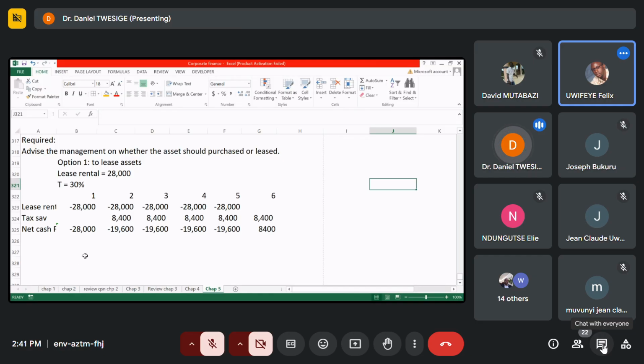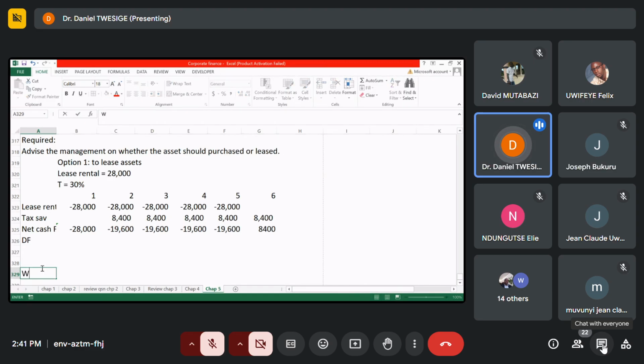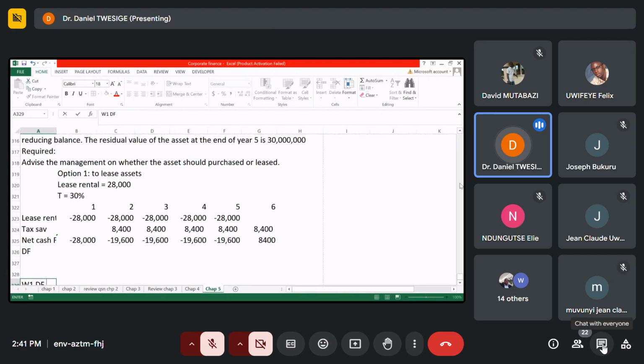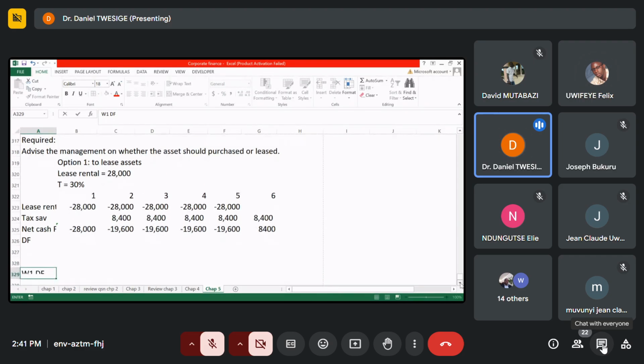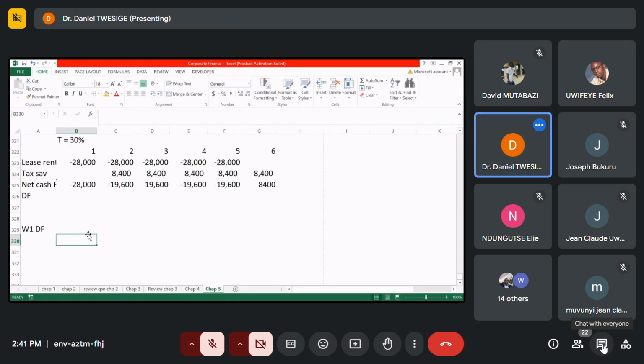So I need to get my discounting factor. What is going to be the discounting factor? I've been given a pre-tax cost of loan, because it's financed by a loan, which is 15%.